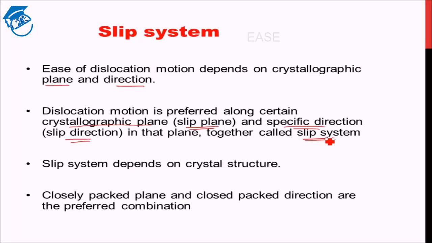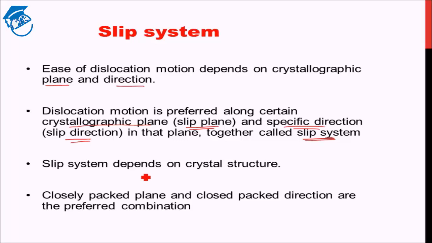The ease is defined by how much energy is required for the dislocation to move in that plane in that particular direction. So if the movement of a dislocation requires less energy in a particular plane, then it is said that the dislocation moves easily in that plane.